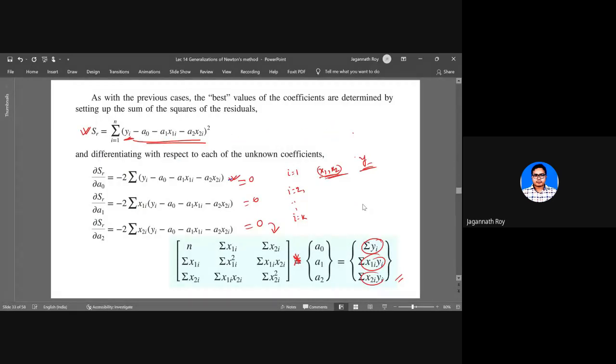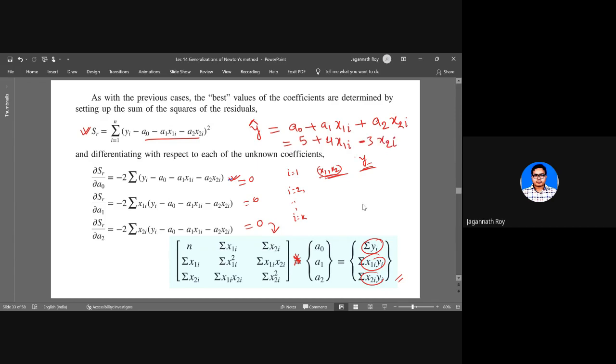So y cap is actually a0 plus a1 x1 i plus a2 x2 i. a0 we have found as 5, a1 we have found as 4, and a2 we have found as minus 3.